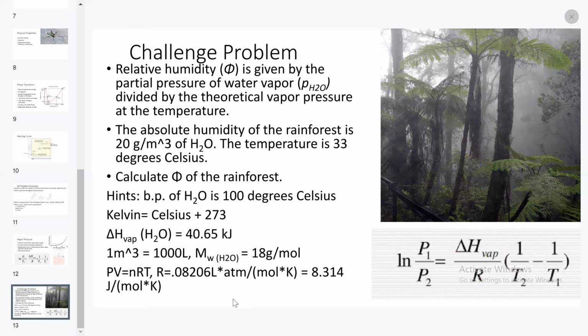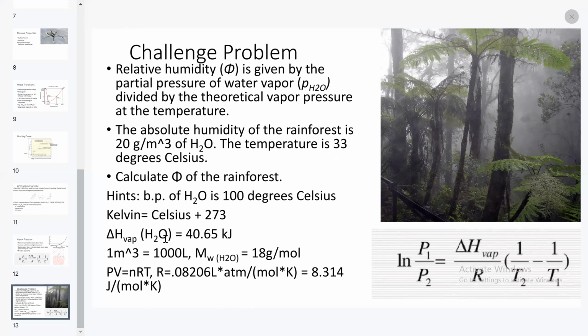Here is the data you need. The normal boiling point of water, at 1 atmosphere, is 100 degrees Celsius. To convert to kelvins, you need to add 273 to the Celsius temperature.